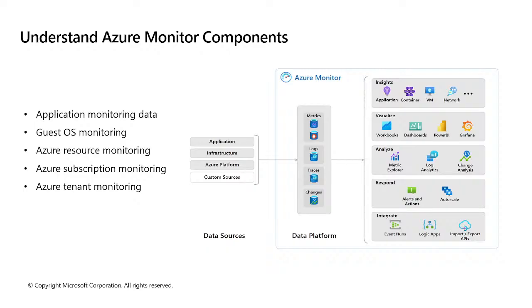So I get an alert saying the vCPU is now on 90% usage, what do you need to do? That's an alert. Then I can add an action to say scale out, create a new virtual machine for me. Do you understand? And that's why you can see the auto scaling here also.